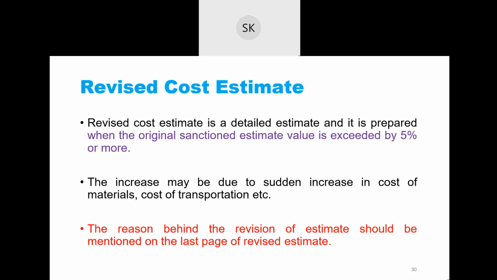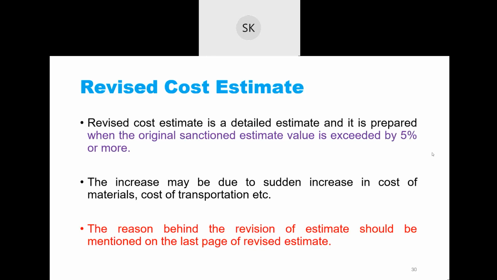If the present estimate exceeds the original amount by 5% or more, you have to make a revised cost estimate. The client who has given the project will make a revised estimate. Understood? When the original sanction estimate value is exceeded by 5% or more.